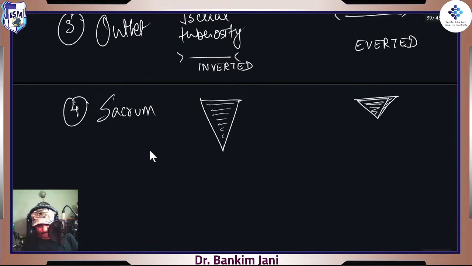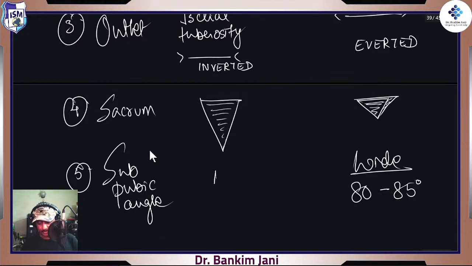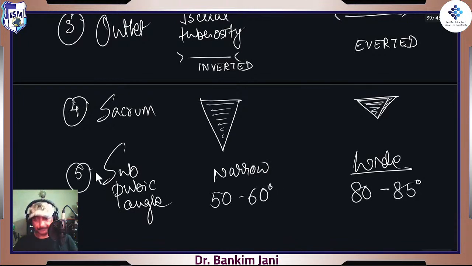Similarly, the subpubic angle: for the purpose of delivery, in the female it is pretty wide, 80 to 85 degrees. In the male, it is pretty narrow, about 50 to 60 degrees.